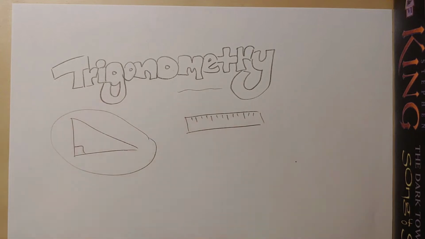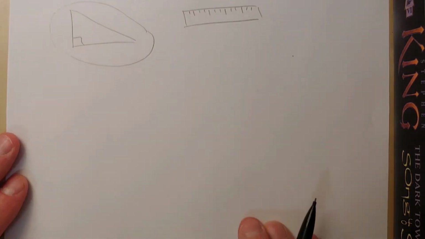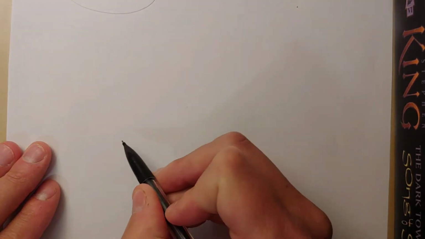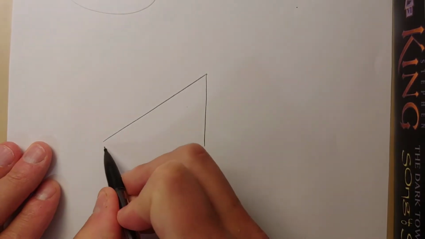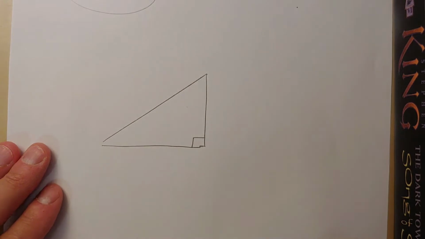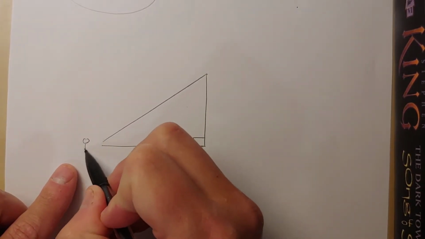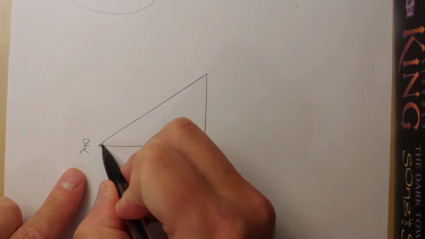Before we get going on this, we do need to talk about one little thing here. And it has to do with the position of different sides and angles in a right triangle. I want you to imagine that you are a little person and you're standing right here at the corner of this lovely right triangle.